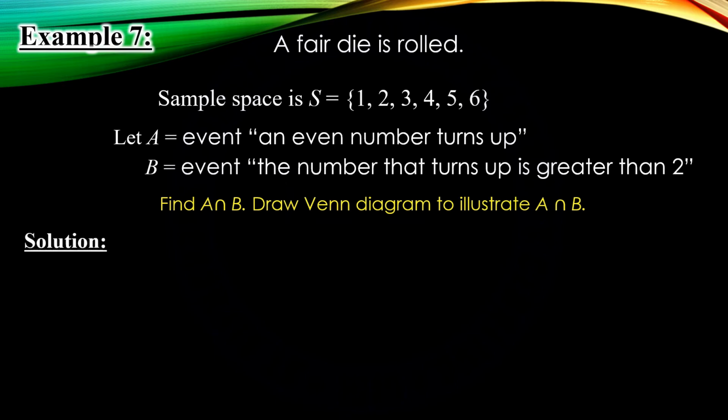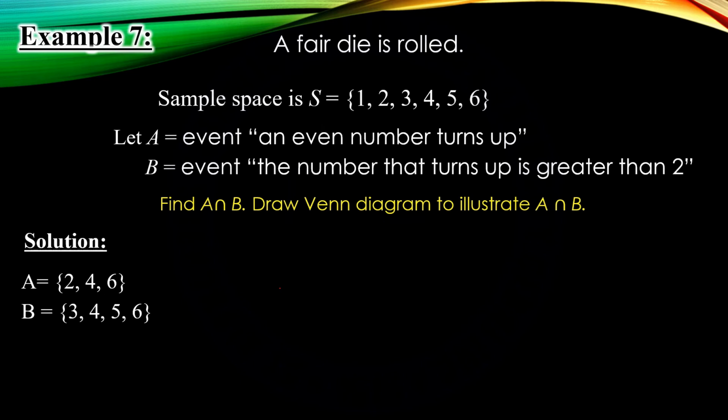Here is the solution. Since the possible outcome of event A is an even number turns up, event A would contain 2, 4, and 6. And the possible outcome of event B is the number turns up is greater than 2, so event B would contain 3, 4, 5, and 6.